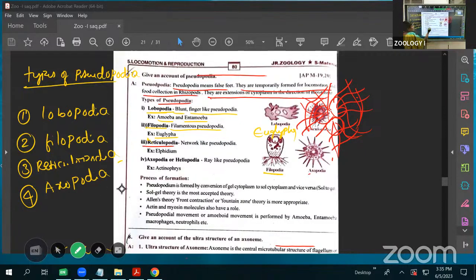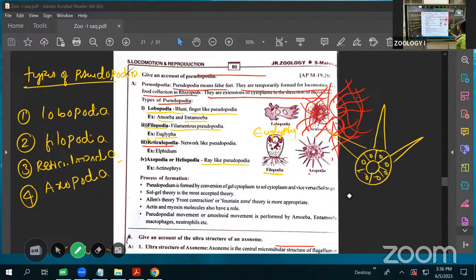They are ray-like, sun ray-like pseudopodia. See this structure here, surrounding it, ray-like, the same as sun rays.